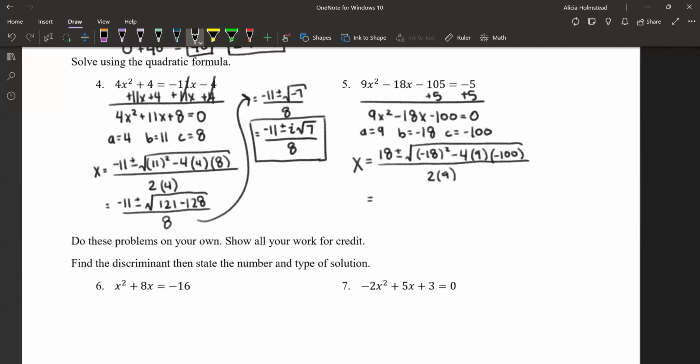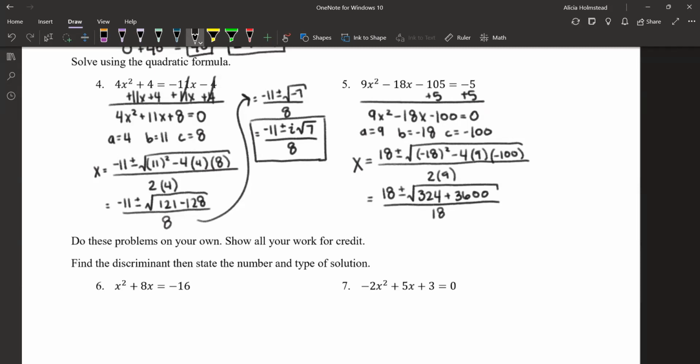So simplifying this, we get 18 plus or minus the square root of negative 18 squared, which is 324. And then we'll do negative 4 times 9 times negative 100. We get positive 3,600. All divided by 2 times 9, which is 18.